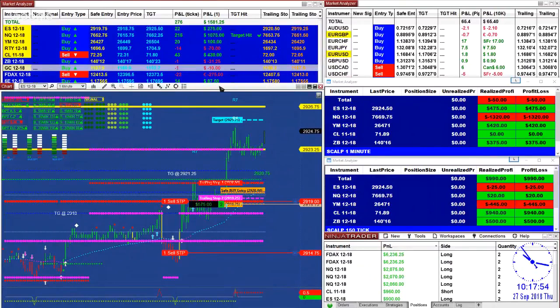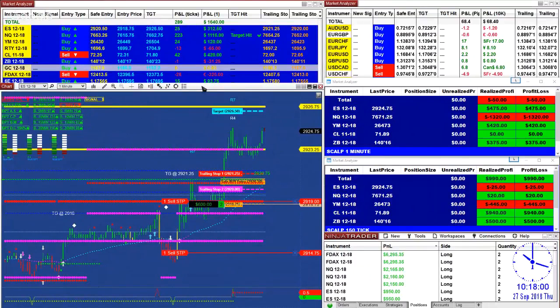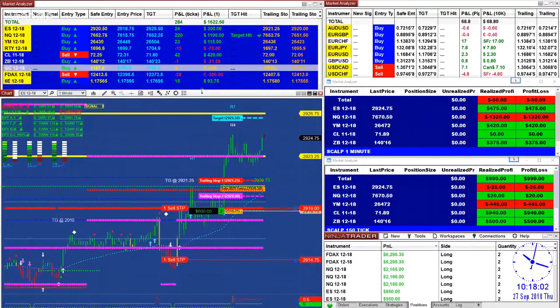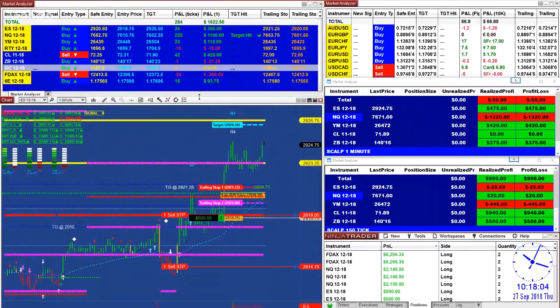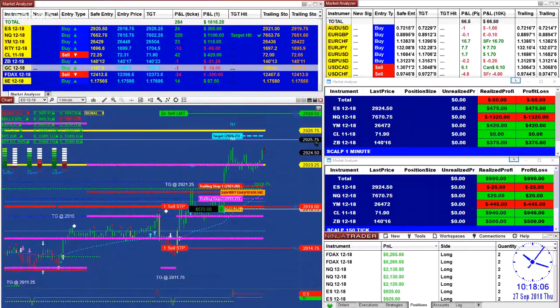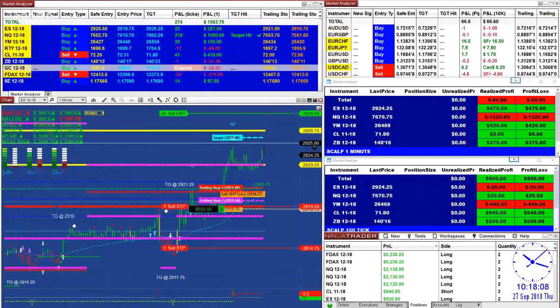Right now on the market analyzer on the top, you can see we have 286 ticks, and you can see how the ES is going to drive you crazy. So we're not touching it.